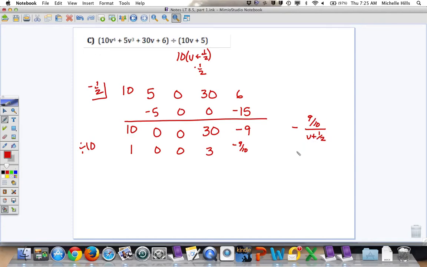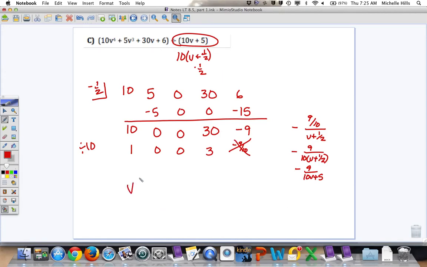By the time I simplify it, it's going to be minus 9 over 10 times v plus 1/2. And when I distribute the 10, it's going to be minus 9 over 10v plus 5. Which means when I'm doing this divide by 10, it's easier to not divide the remainder by 10, because it's going to be minus 9 over this thing. So just leave it minus 9 over that thing instead of having to work your way back to it.